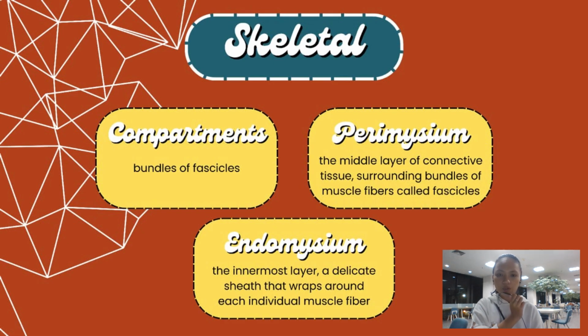Next is compartments, bundles of fascicles. Perimysium, the middle layer of connective tissue surrounding bundles of muscle fibers called fascicles. And the last is endomysium, the innermost layer, a delicate sheath that wraps around each individual muscle fiber.